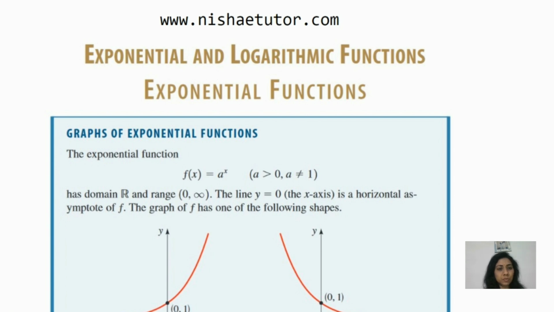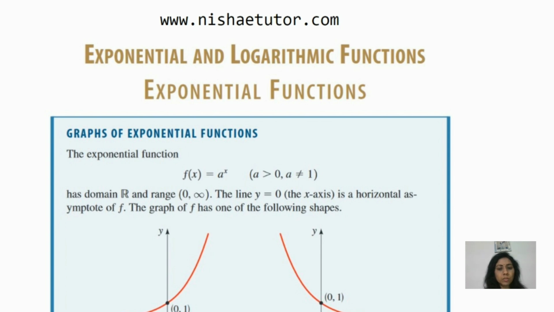In this series, we are doing exponential functions. We already discussed graphs of exponential functions in my last two videos. The exponential function f(x) = a^x, a greater than 0 and a not equal to 1, has domain R, all real numbers, and range (0, infinity).